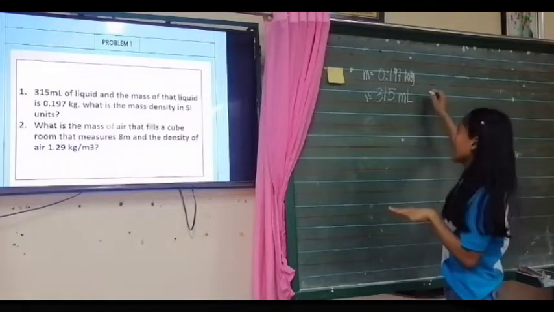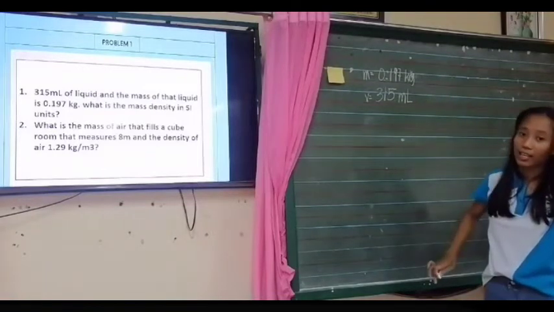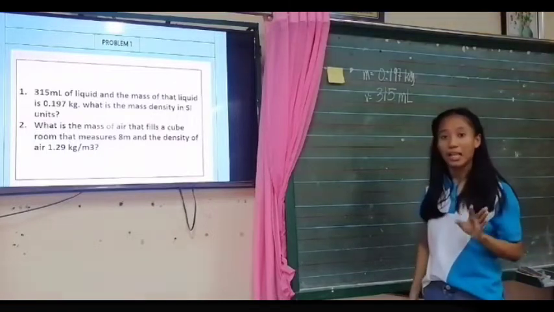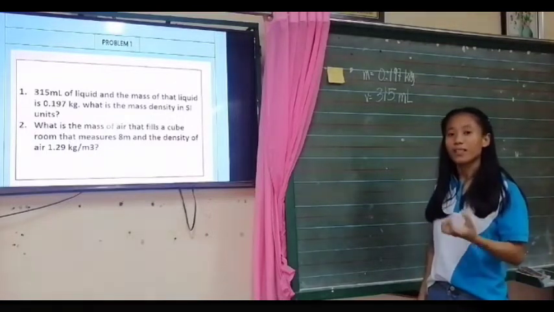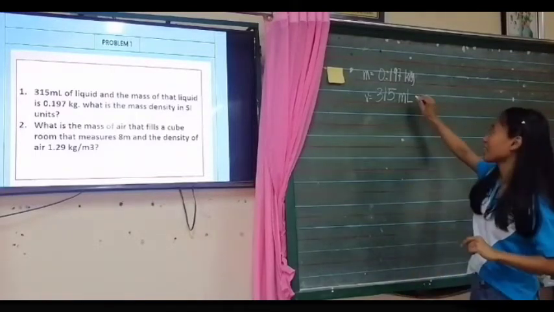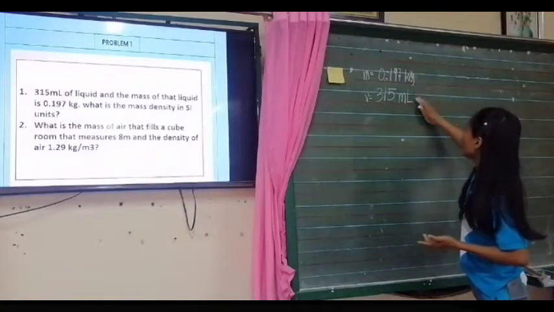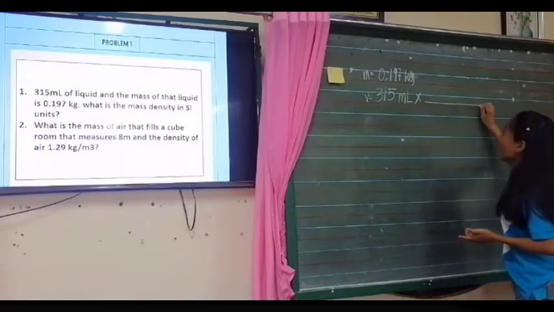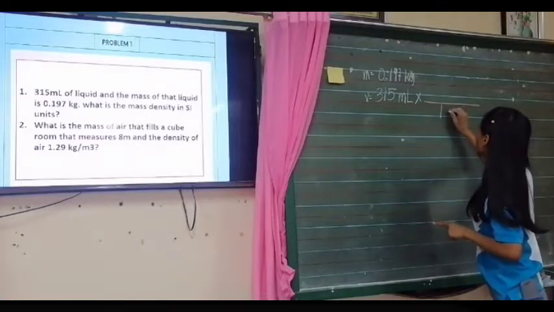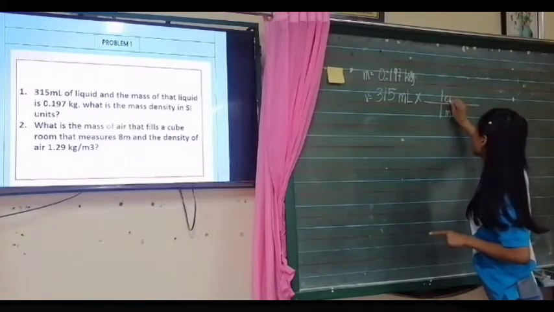Hindi na natin kailangang i-convert yung kilogram kasi sabi niya, SI unit, ang unit ng mass is in kilograms. Ang i-convert na lang natin dito is yung 315 ml. Kasi diba ang unit ng volume is dapat naka-cubic meter. Gaya ng kanina guys, in 1 ml, we have 1 cubic centimeter.